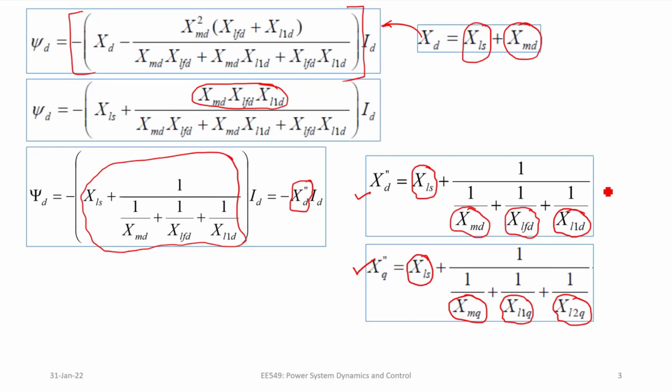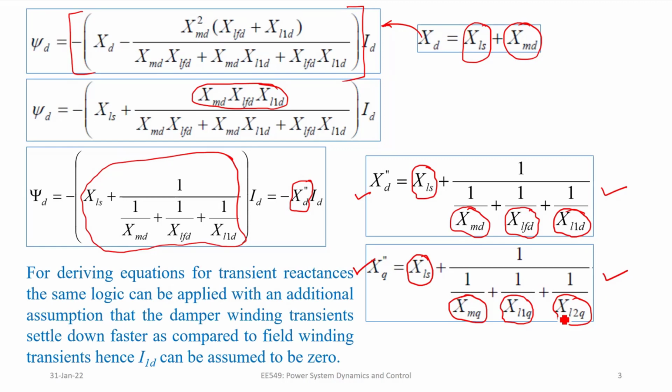Now we derived d-axis subtransient reactance and q-axis subtransient reactance. Again, we need to derive the open circuit time constants, open circuit subtransient and transient time constants. But before moving to the time constants, let's derive the transient reactance.